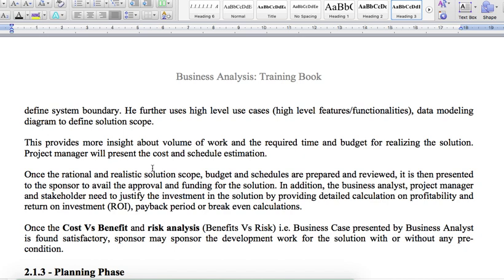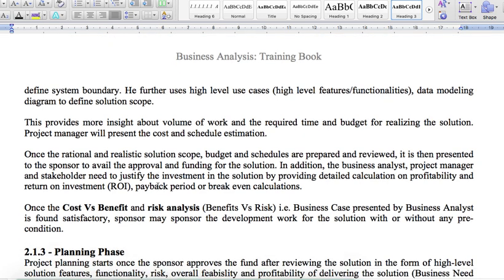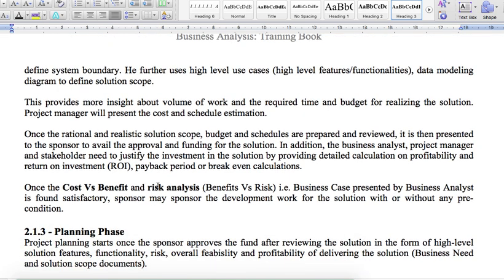And based on that, the project manager will present their cost and schedule estimation for the project. Once a rational and realistic solution scope, budget and schedule are prepared and reviewed, it is then presented to the sponsor to avail the approval and funding for the solution.